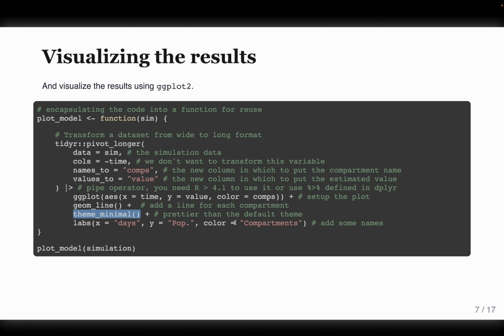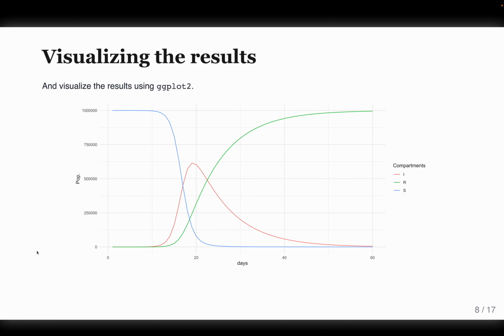If we don't use this function, the names will be just the name of the columns that we use setting up the plot. Finally, we can run our plot. And this is the output.